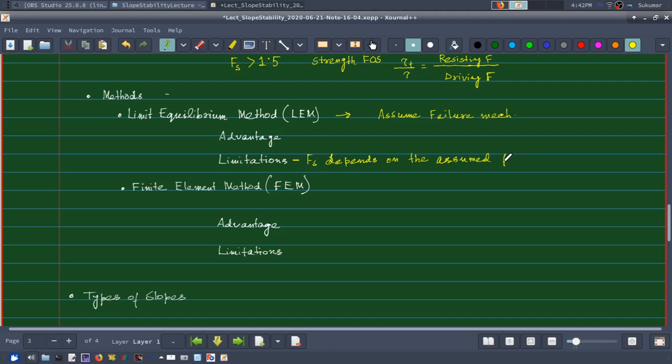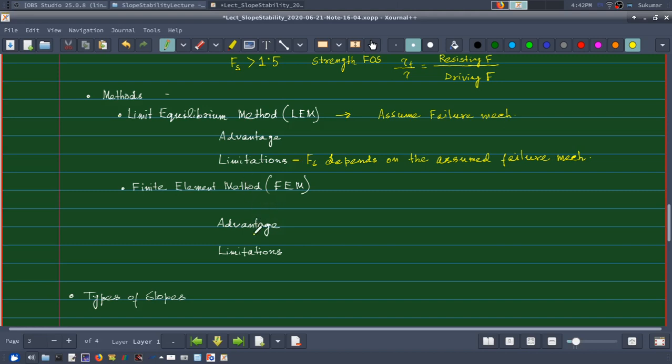That is the biggest disadvantage. So we must be able to correctly figure out the possible failure mechanism to get the correct factor of safety, and it needs quite a bit of experience, in fact, to do a good slope stability analysis by this method.